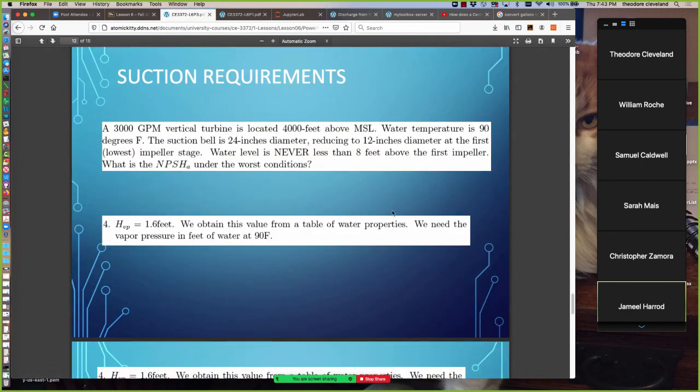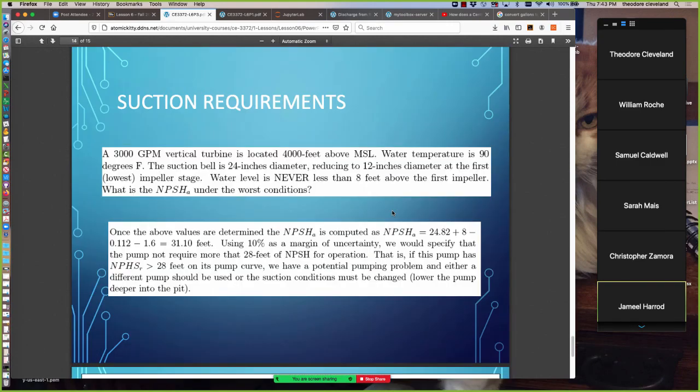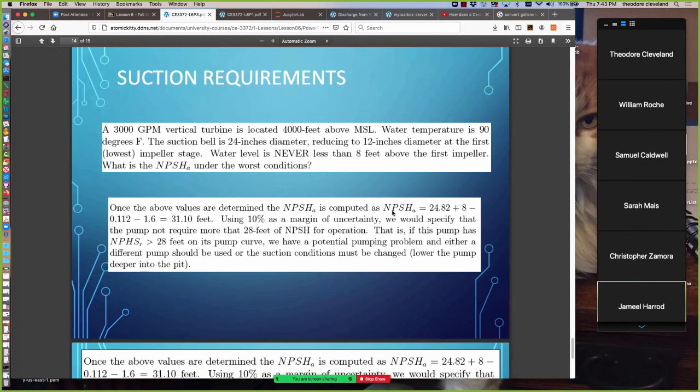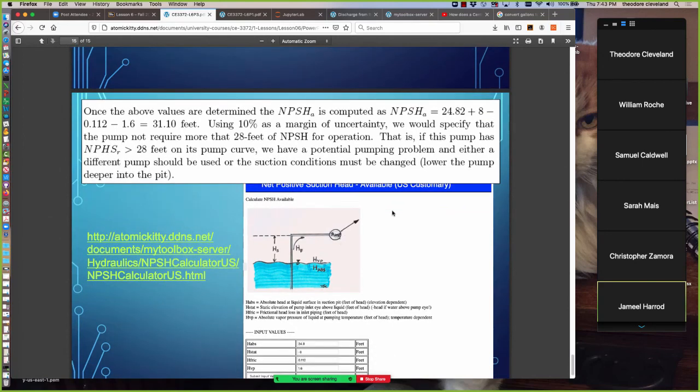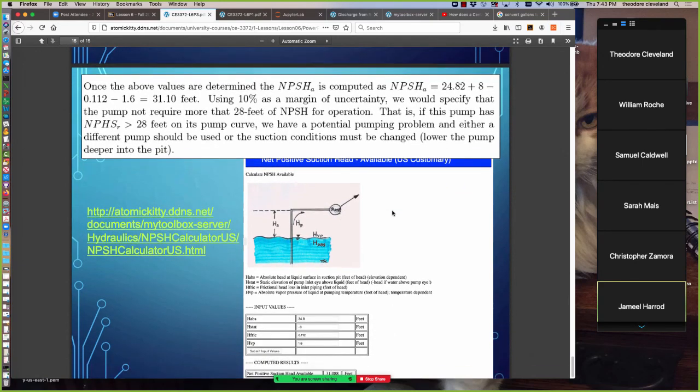And we've already got a lot of overestimation built into this, but if you're really nervous, you could decide that a 10% margin of uncertainty is justified, and that would take our net positive suction head available down to 28 feet, and we could use that when we specify our pumps.